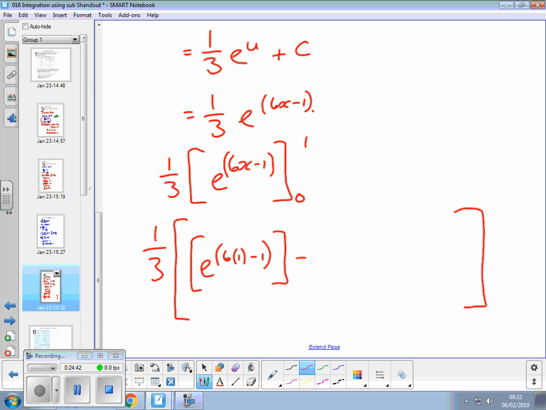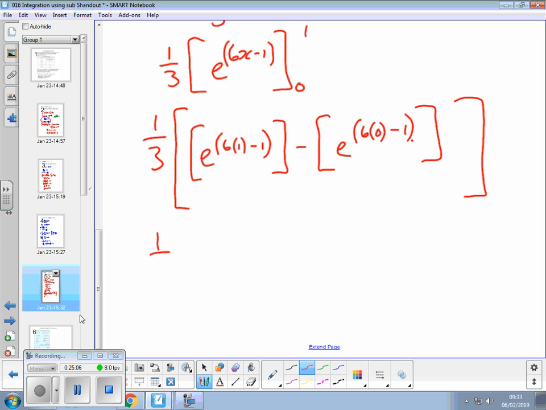Take away the value of the function replacing x with 0: 6 times 0 minus 1. Close that set of brackets. So that's going to be a third times e to the power of 5 minus e to the power of minus 1.